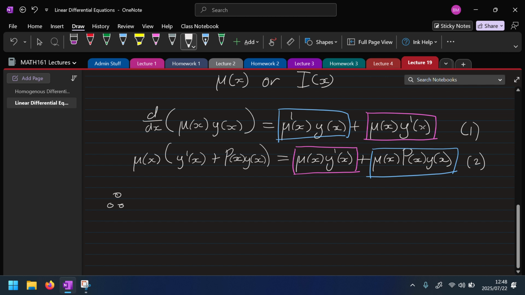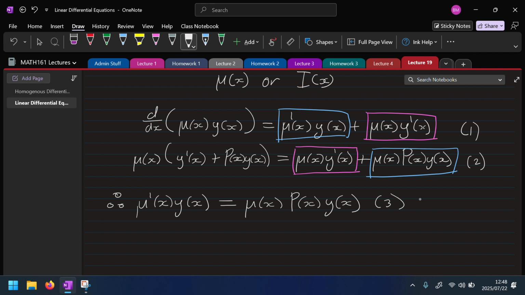Okay, therefore, in the first one, we're going to have mu prime times y from equation 1 must be equal to that blue part from equation 2. Okay, and this gives us our equation 3. So this comes from the fact that we want equation 1 to be equal to equation 2. That gives us equation 3.